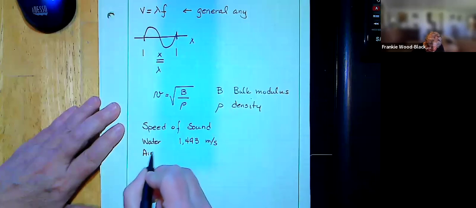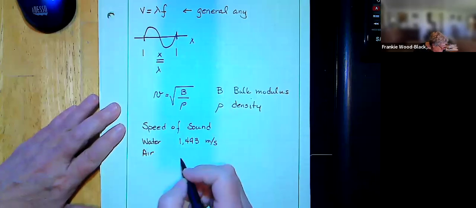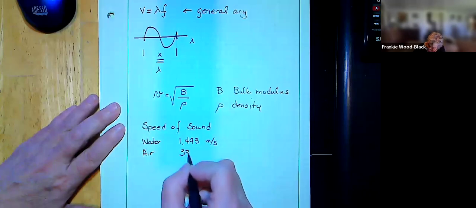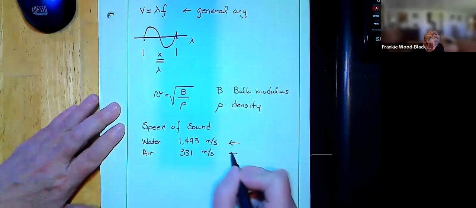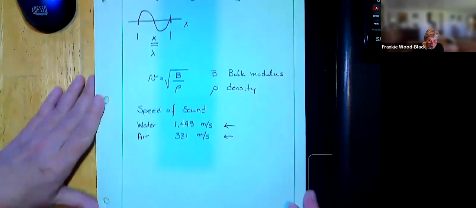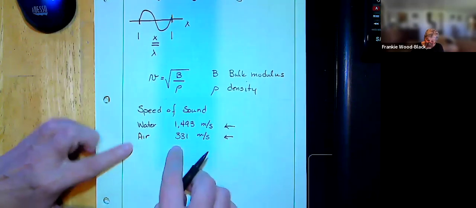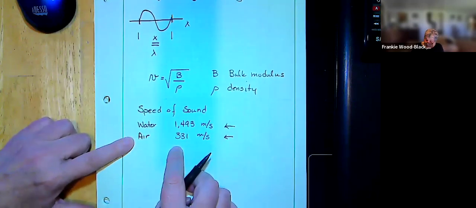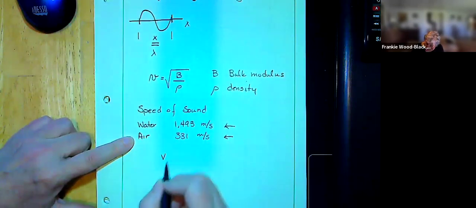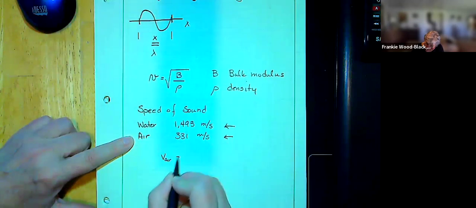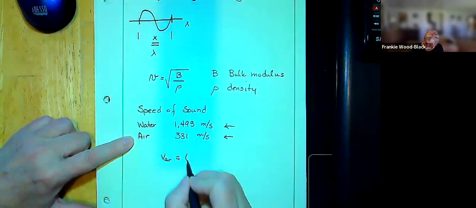Speed of sound in air is roughly 331 meters per second. And this is because water and air have different properties. And air is going to have different properties yet. In fact, the speed of sound in air is going to be temperature dependent.